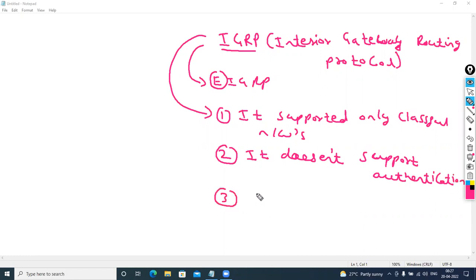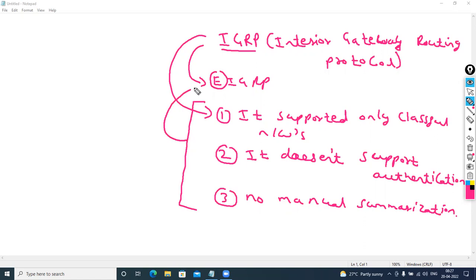And the third disadvantage was no manual summarization. You can't do any manual summarization while using IGRP. So these were the three disadvantages in IGRP. That is why they moved on to EIGRP, Enhanced Interior Gateway Routing Protocol.